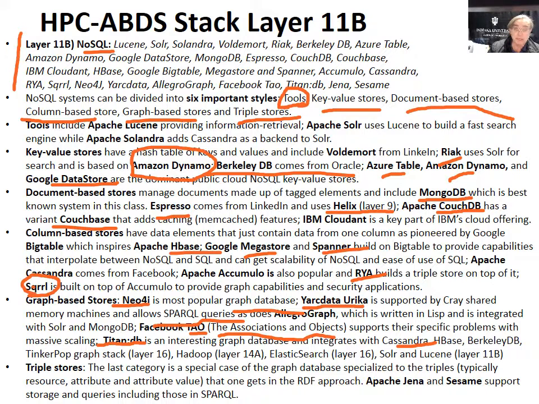All right, finally we have triple stores, and they're a special type of graph. When you do RDF, you have a resource, attribute, and attribute value that gives you a triple, and you just have a list of resources. The resource might be me, I'm a resource, and I have attributes like name and where I live and what I do, and those attributes have values like Jeffrey and teach boring courses is what I do, and so on.